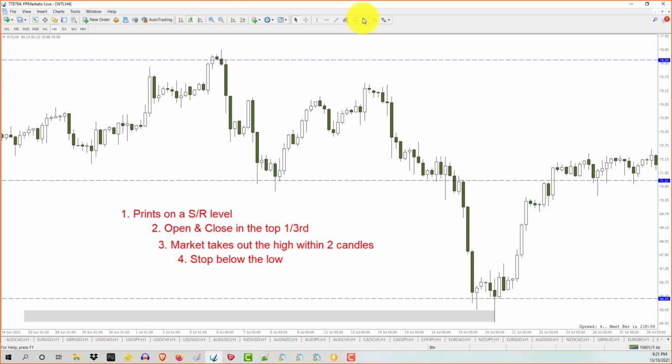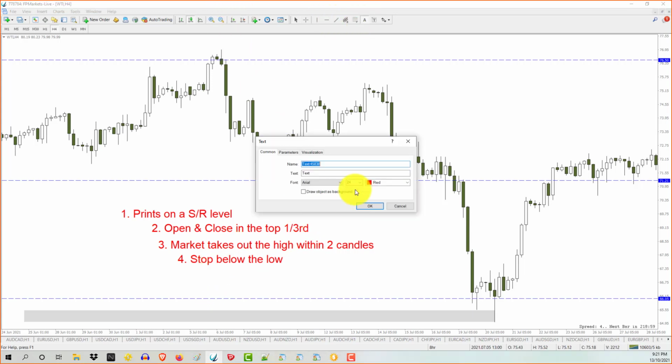The open and the close must also be within the previous candle's range. A lot of people actually ask about the reason why we do that, so let's talk about this. Open and close inside the previous candle's range.